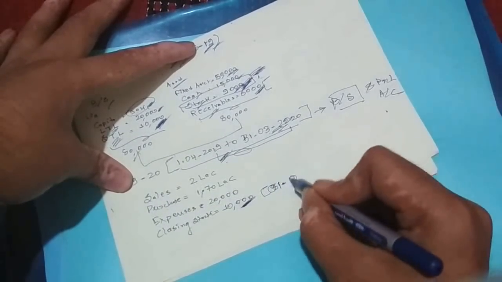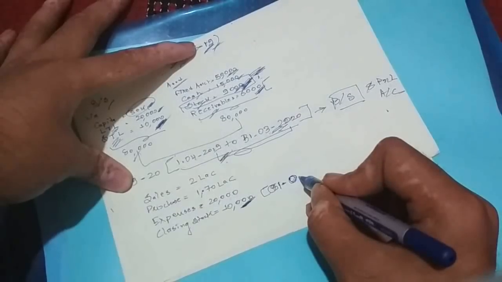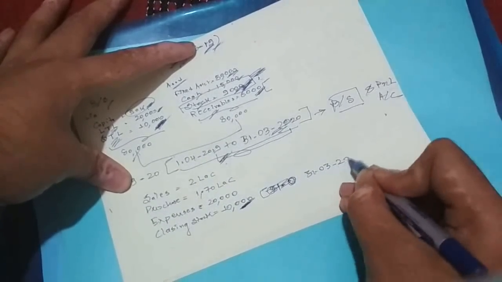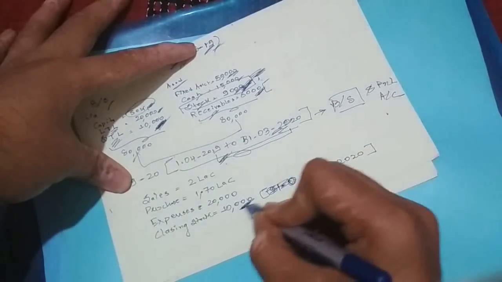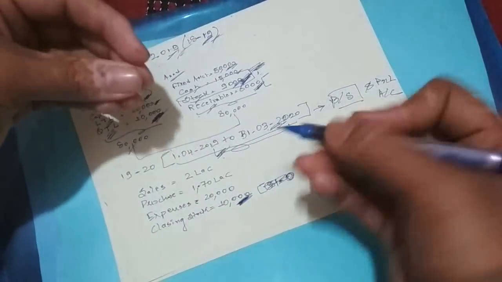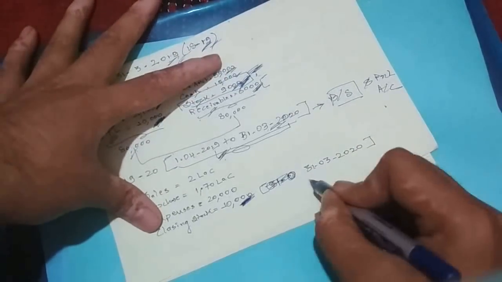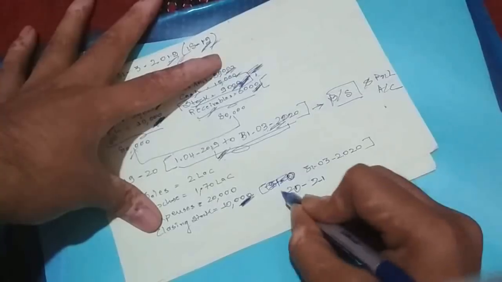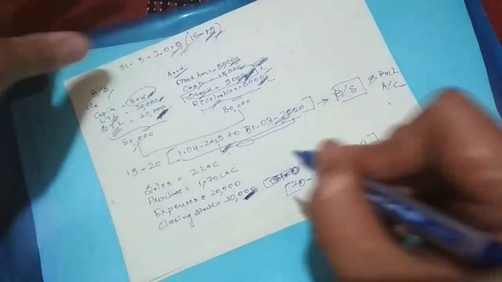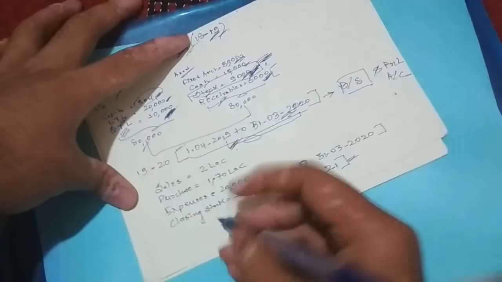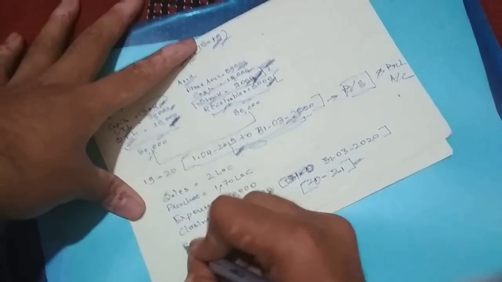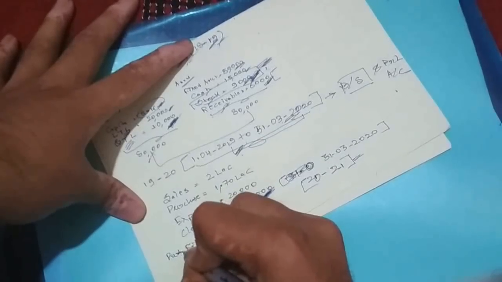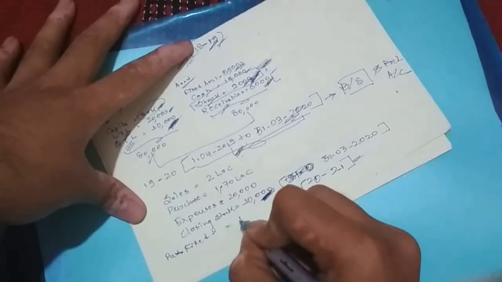So it means that on the date 31/03/2020, this much amount of stock you are left with, which will be utilized in the financial year 2021. So now you bought some fixed assets, it's a purchase, worth 10,000.